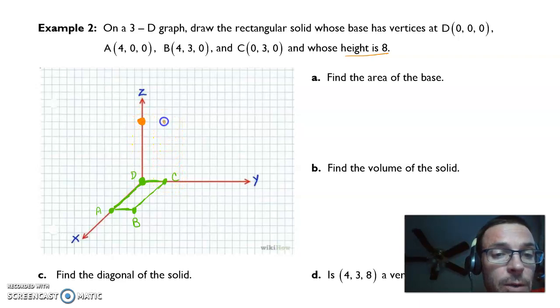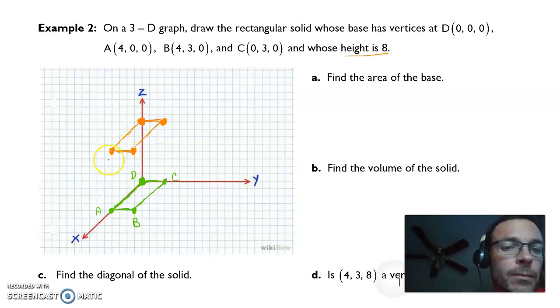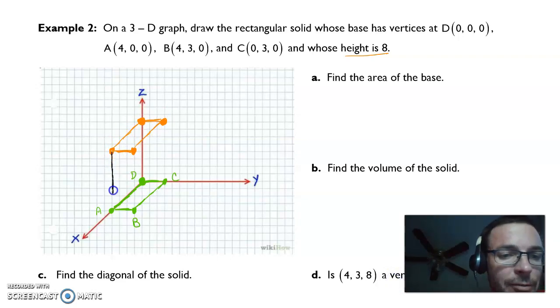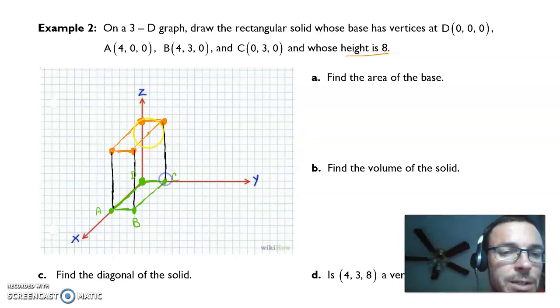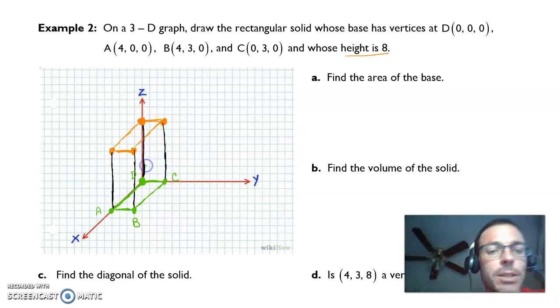C, I have an additional point 8 units up. B, I have 8 units up from B, so that's 1, 2, 3, 4, 5, 6, 7, 8 units up from B, and 8 units up from A, gets me my second base of this rectangular prism. Graphing in the height of 8 for all of those. And you can start to see that image of the rectangular prism.